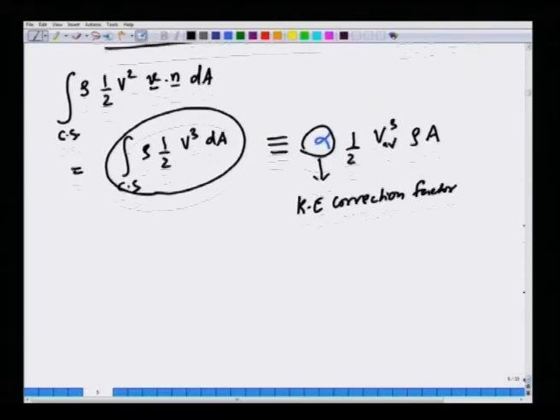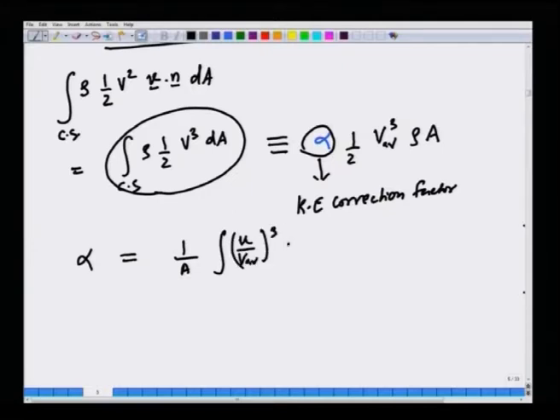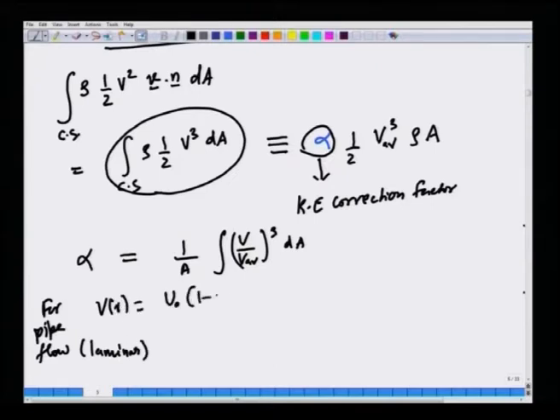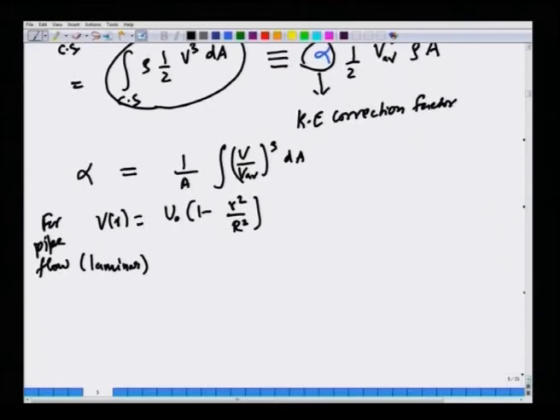In order to find what this kinetic energy correction factor is, alpha is equal to 1 over area times the integral of (u by v average) whole cube dA. For laminar pipe flow, v of r is some maximum velocity times 1 minus r squared by R squared. So, we can calculate v average and then we can calculate alpha.